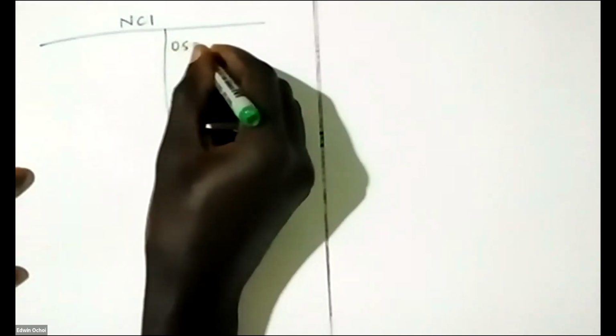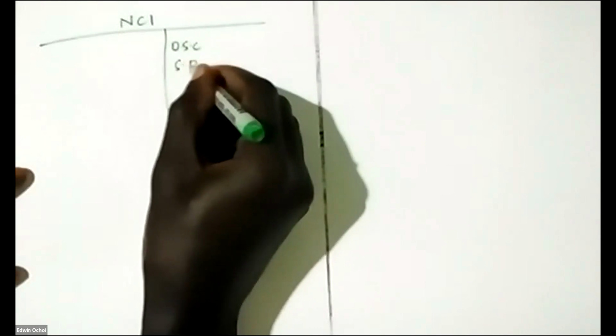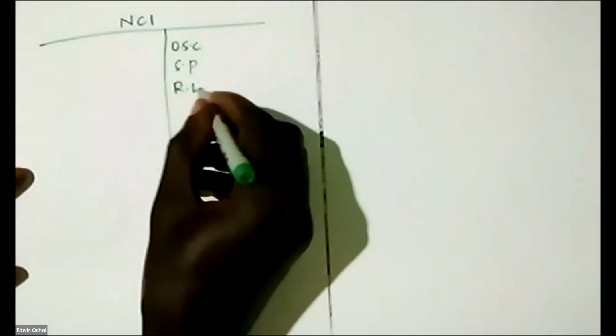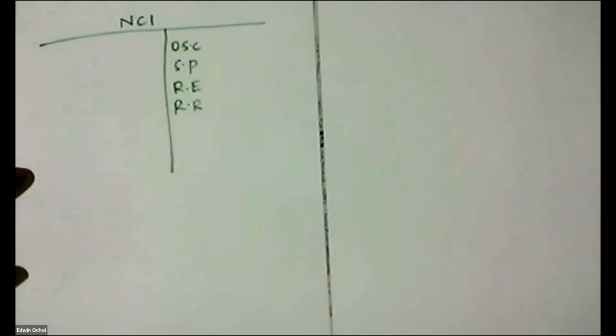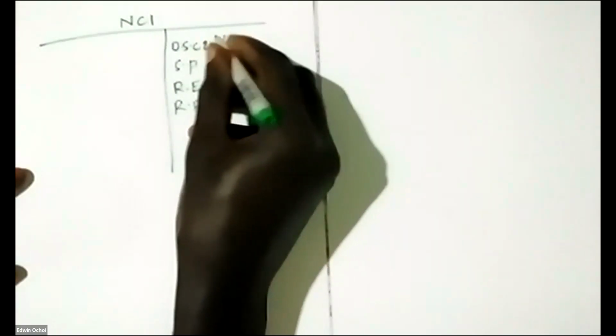So for the NCI, you have to open a T account. On the credit side, you would have net assets like ordinary share capital, share premium. I remember there was retained earnings and there was revaluation reserve. This one you pick direct from the statement of financial position.